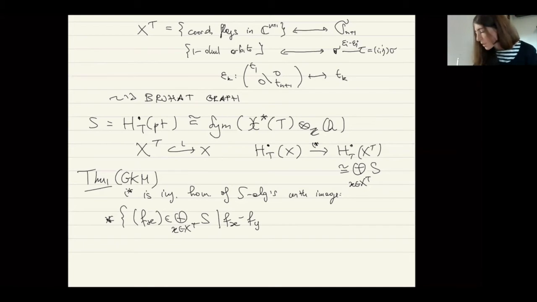So the difference between f_x and f_y, where these are two fixed points, or we can write it this way: f_x is congruent to f_y mod alpha, if x and y are adjacent on the graph, and alpha is the character corresponding to the one-dimensional orbit.